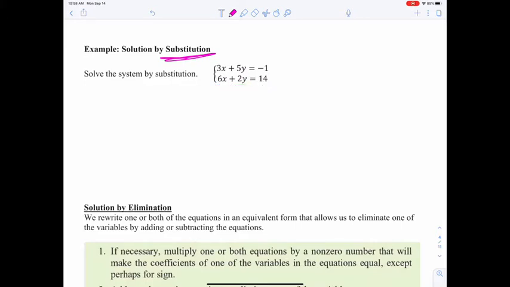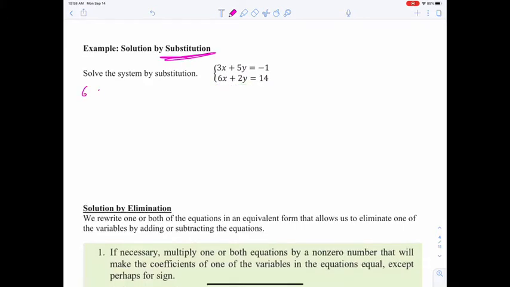All right, so we're going to take that second equation, 6x plus 2y equals 14, and I want to solve for y. You can solve for x, it doesn't matter. Pick one. I'm going to solve for y, so that means I'm going to subtract 6x from both sides, and then divide everything by 2, so that's important. Everything gets divided by 2. 2 over 2 is y.